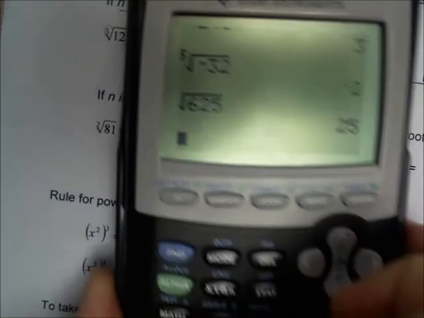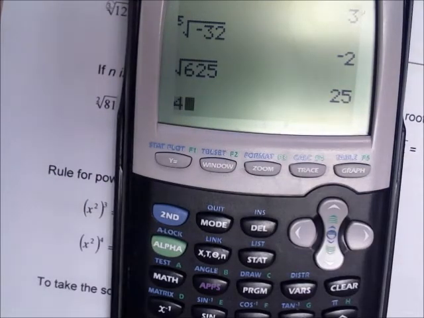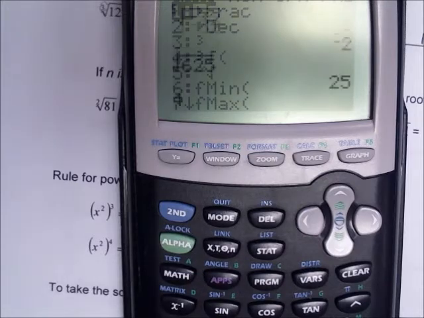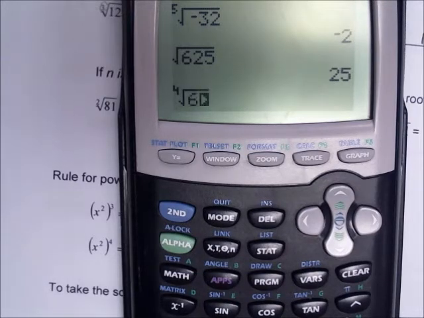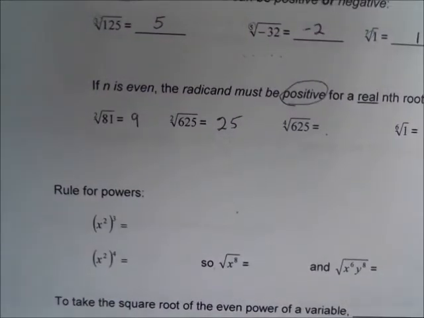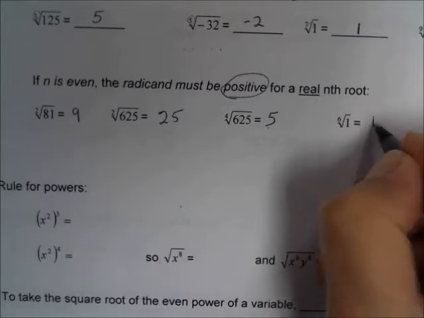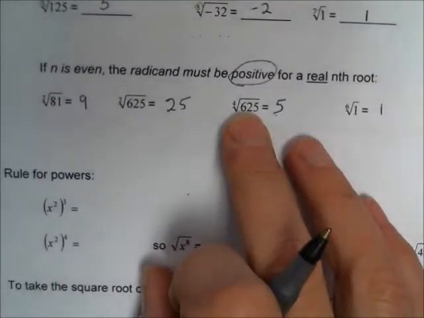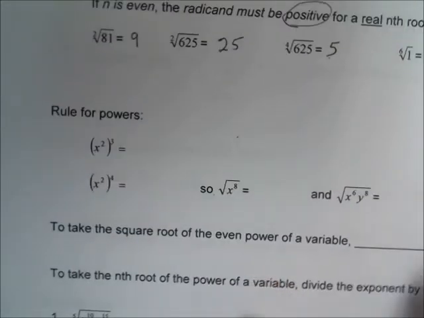The 4th root of 625, you would hit a 4, and then you'd hit the math, option 5 button, 625, and that's equal to 5. The 4th root of 625 is 5, and the 6th root of 1 is 1, but notice they're all positive numbers because you can't do the square root or the 4th root or the 6th root of a negative number.